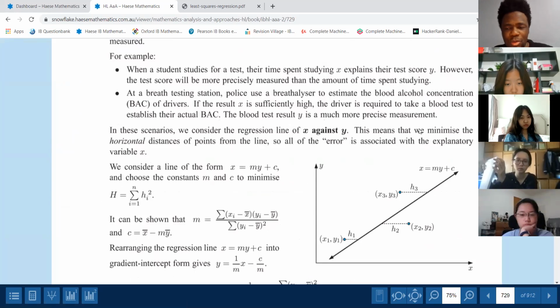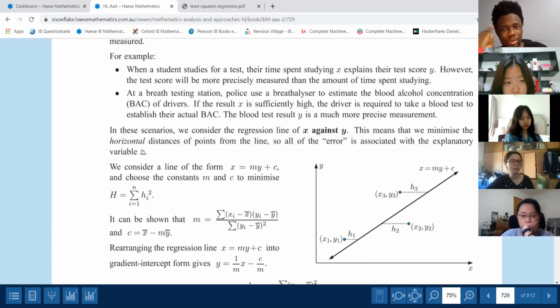This means that we minimize the horizontal distance of the point from the line so that all error is associated with the explanatory variable. All errors are associated with the independent variable, or the X variable. I don't want to call it the independent variable this time because the label will change.